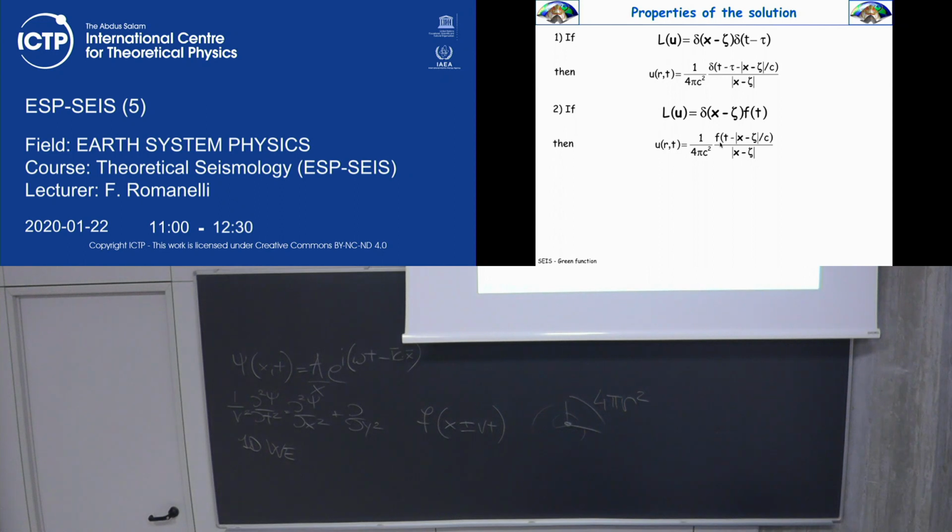A wake-up question. Can you imagine some property of a medium that can change the f? So I'm telling you, if delta is leaving, delta is going to be transmitted into the medium. Can you imagine some property of a medium that can change the delta?